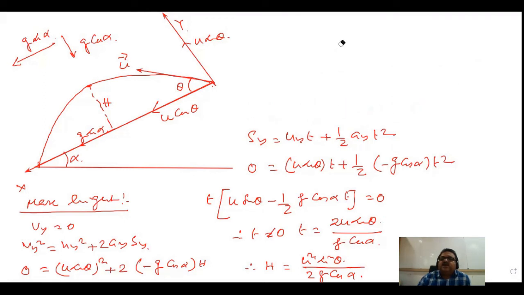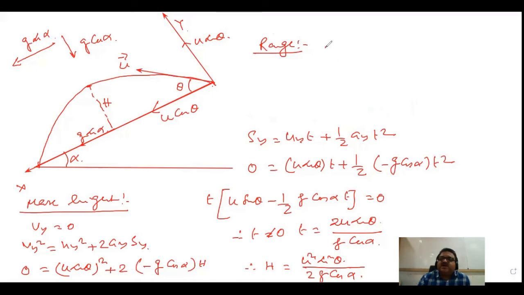Okay. Let us try to find out a problem related with the range, correct? Range. Clear? Watch this very carefully. In case of range, we have to use the motion along x-axis.